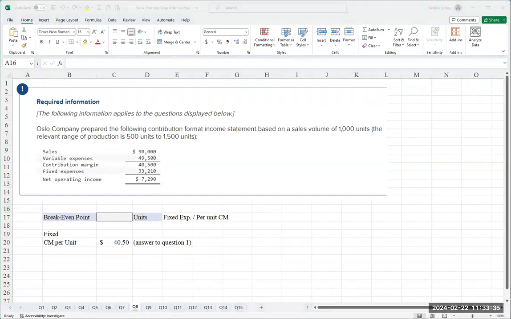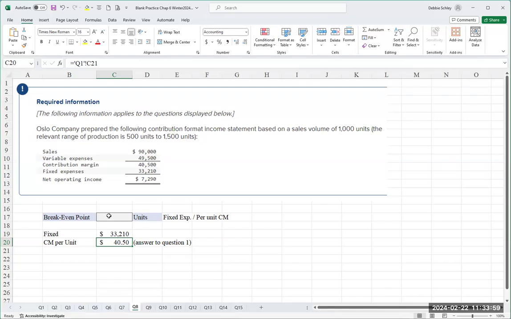Question 8. Break even point. So my fixed expenses are 33,210, right? And the contribution margin per unit is $40.50, and that was the answer to question 1, right?